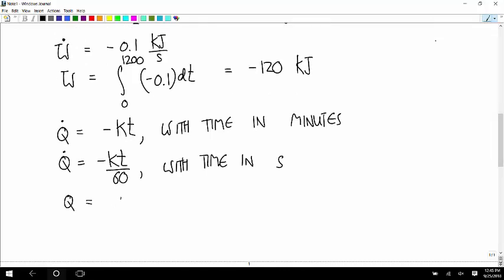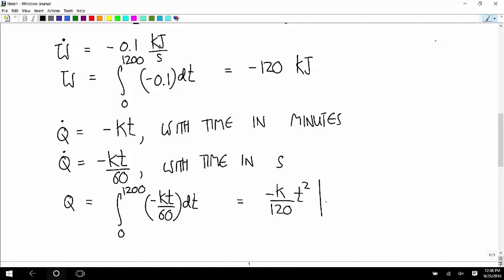So the heat is the integral from 0 to 1200 of negative KT over 60 dt. And that's equal to negative K over 120 T squared, evaluated from 0 to 1200.